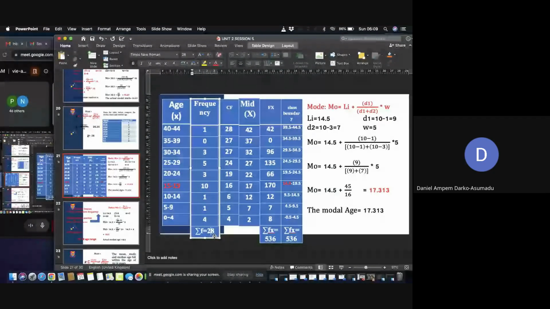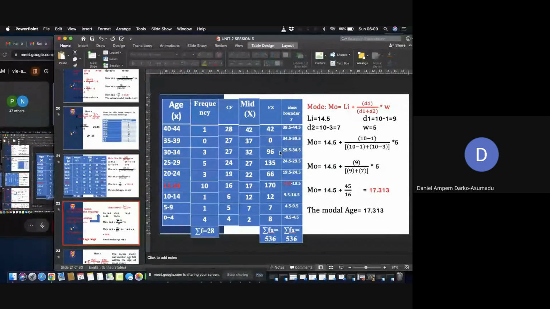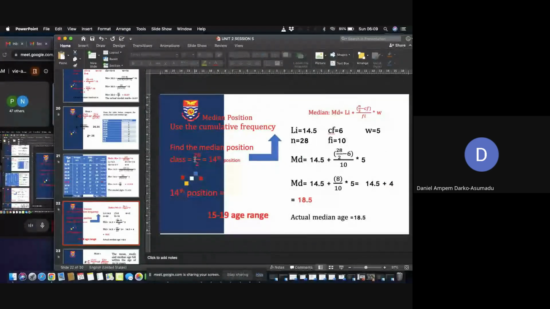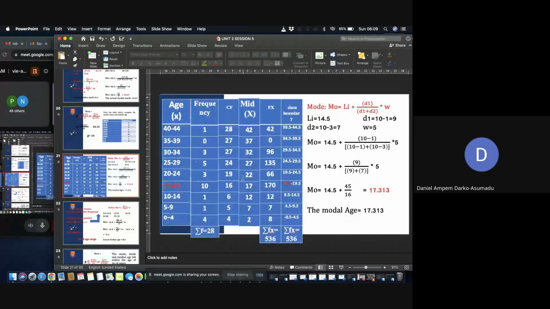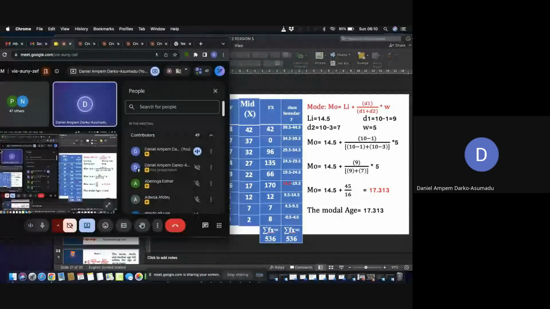Assuming the sample size, the n, was, let's say, 40. Finding the median position is n over 2, so 40 divided by 2 will be 20. If I ask you to find the 20th position using the cumulative frequency, look at the cumulative frequency values and tell me where the 20th position will be.